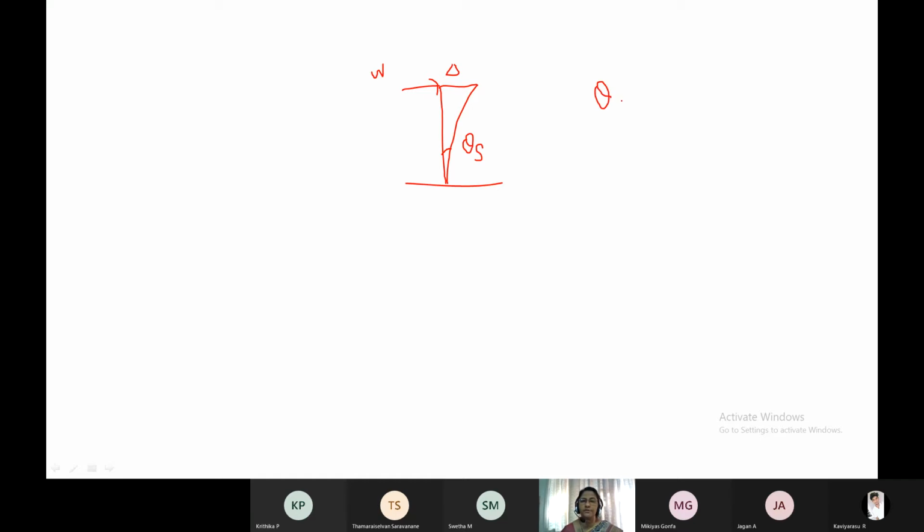Theta s is equal to moment by the stiffness. You know that stiffness is equal to moment by rotation. So I want the rotation, so that is m by k.